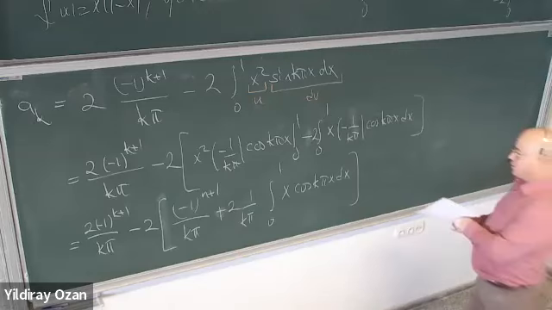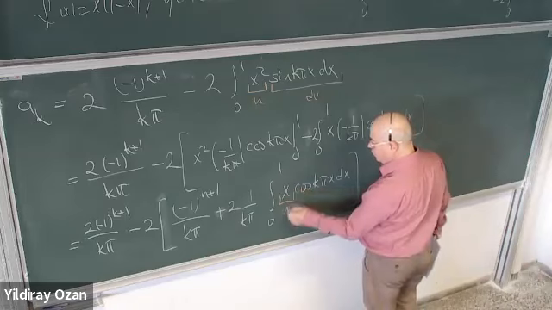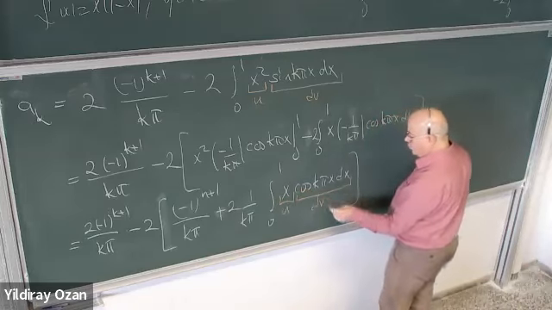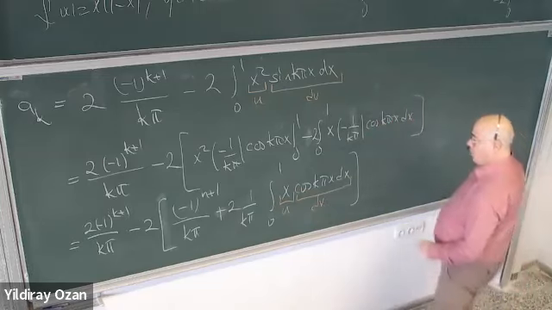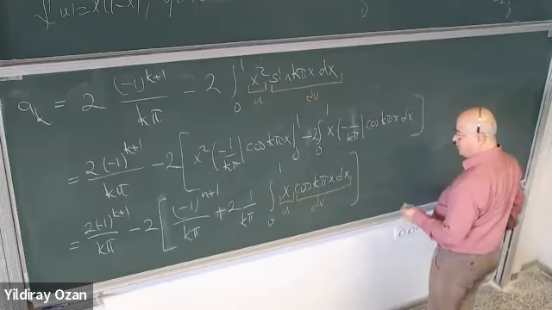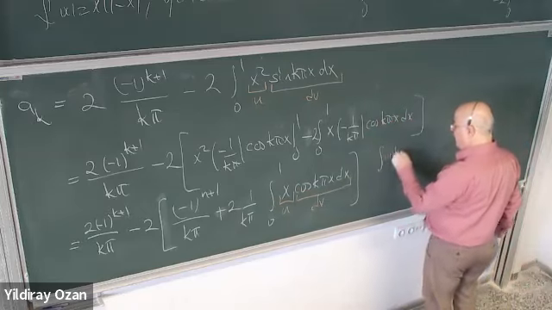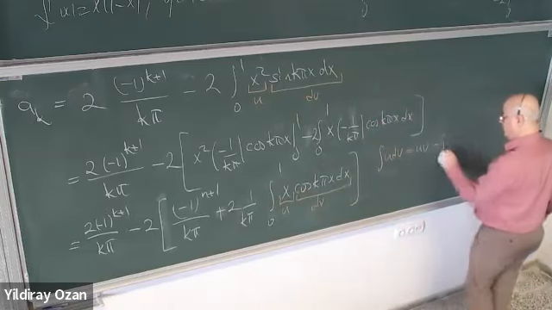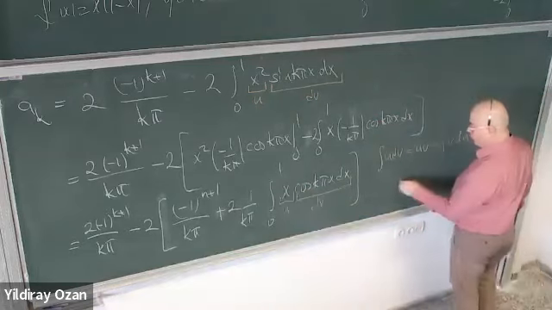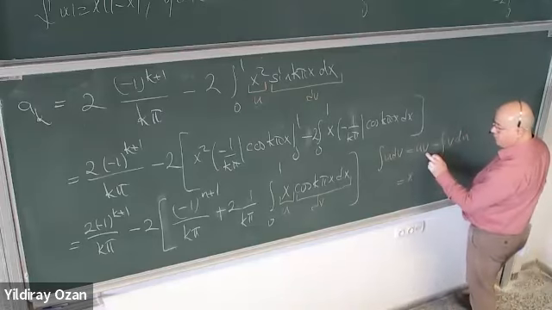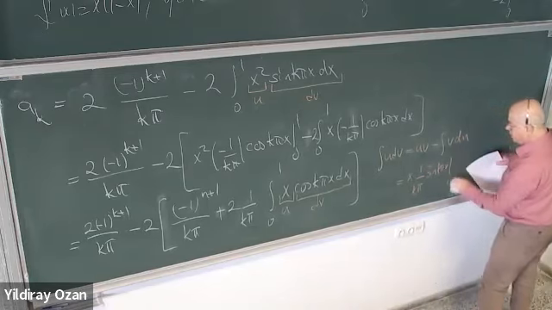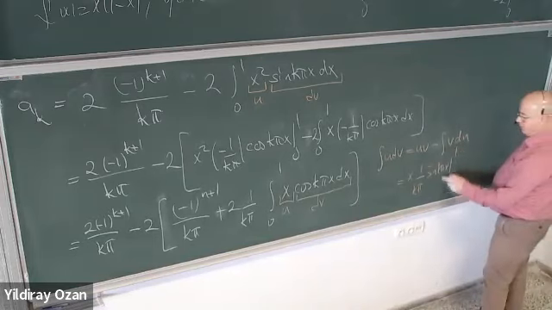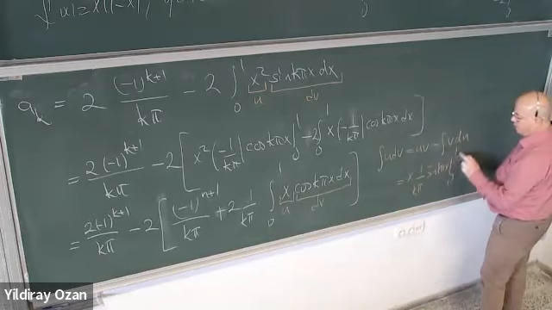Okay, here we will do integration by parts once more. u, du, dv, sorry. Okay, this integral part is the integral of u dv, which is uv minus the integral of v du. And u is x, and its integral is 1 over k pi sine k pi x from 0 to 1. This will give 0 because when I plug x equals 1, I get sine k pi, which is 0.